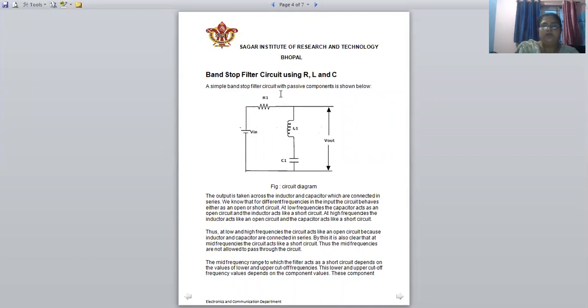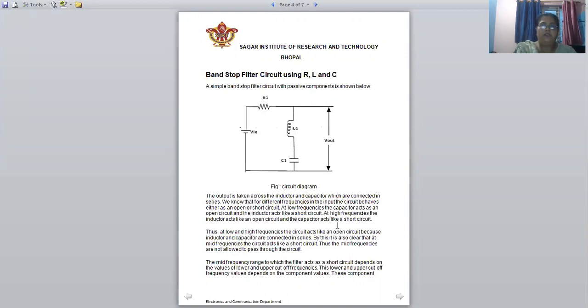This is the band stop filter circuit with passive components as shown in the figure. We have used the passive components R, L and C. The output is taken across the inductor and capacitor which are connected in series. We know that for different frequencies in the input, the circuit behaves either as an open or short circuit. At low frequencies, the capacitor acts as an open circuit and the inductor acts like a short circuit.